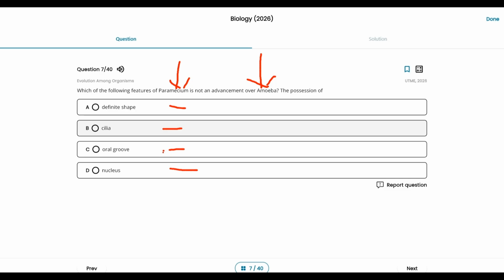Alright guys, so I always made emphasis on this, that before you attempt any question, please ensure that you understand the question very well. This is very, very important. So let's look at paramecium.